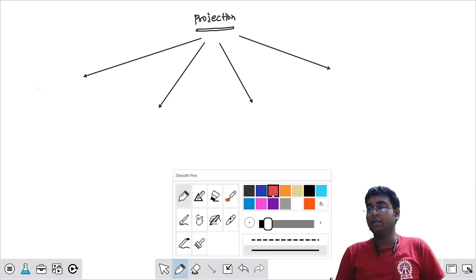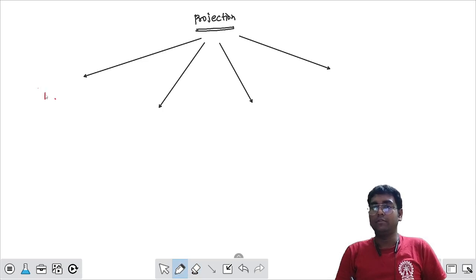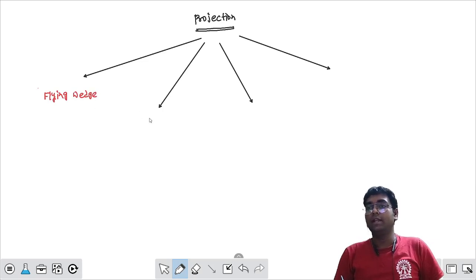Okay. So first one is flying wedge projection. Second, three-dimensional projection will be sawhorse projection.